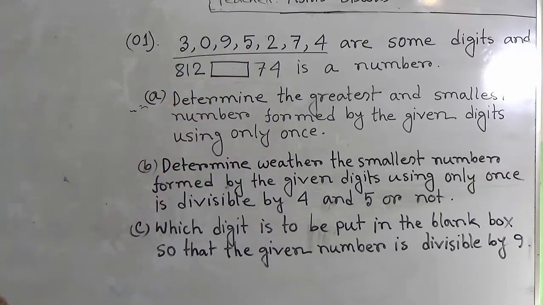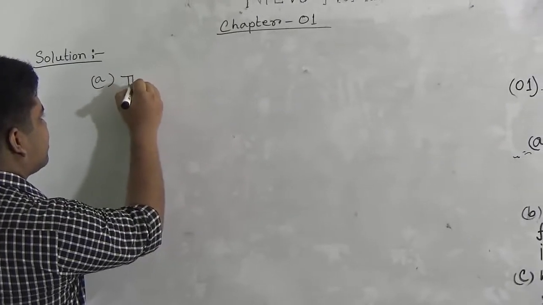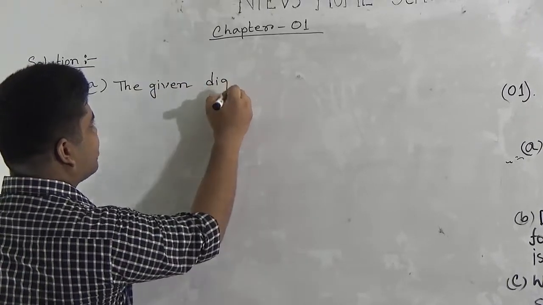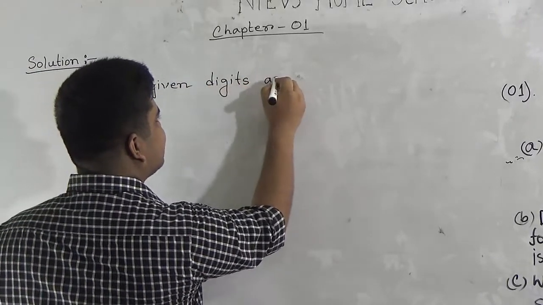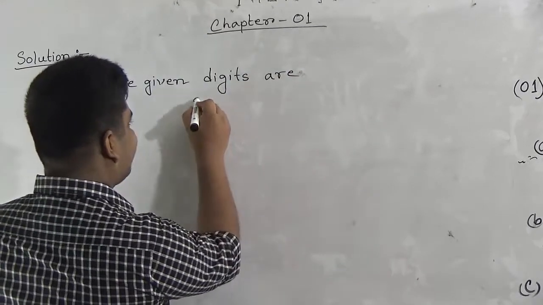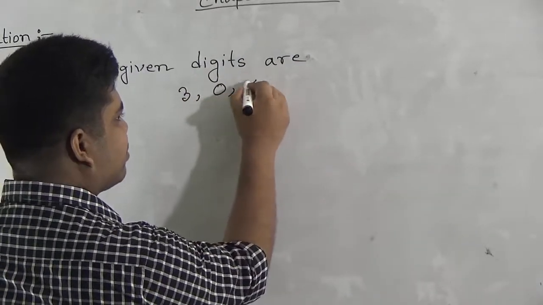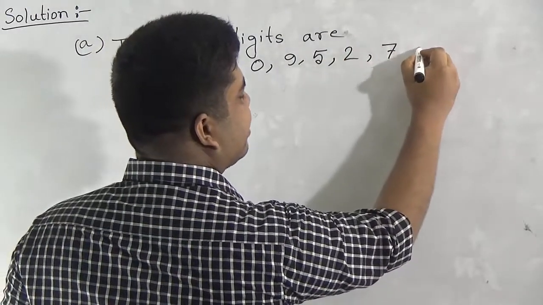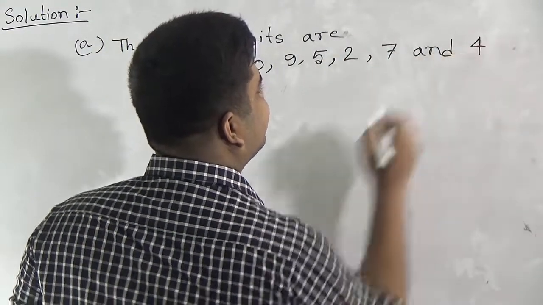So at first we write the given digits are 3, 0, 9, 5, 2, 7 and 4.